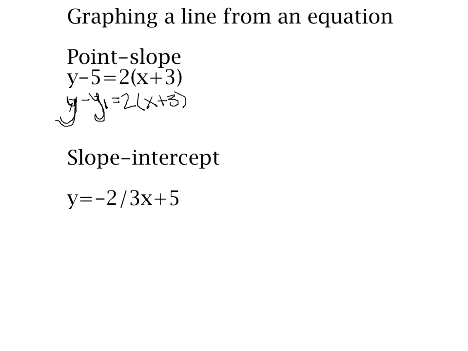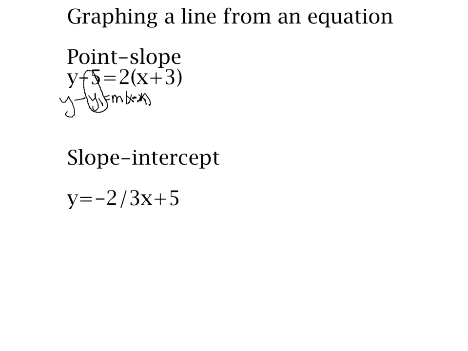Let me clean up a little bit. Okay, try again. So I put the point slope form of the line, and I write that right underneath the equation that I'm given, and I match.